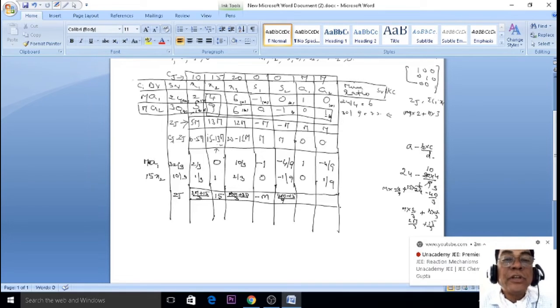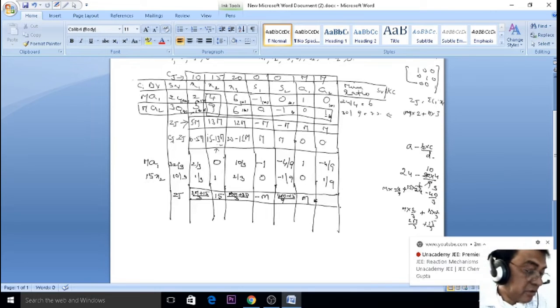Next, M into 1 plus 15 into 0, that is M. And the next, M into 4 by 9 plus 15 into 1 by 9, which is 4M plus 15 by 9. Simple second class and third class problem.